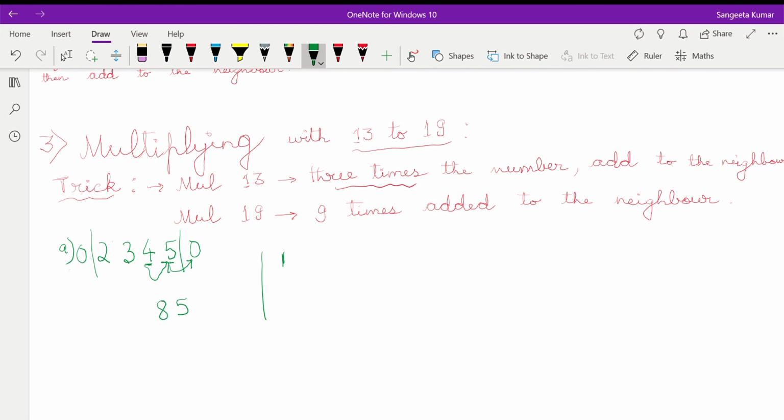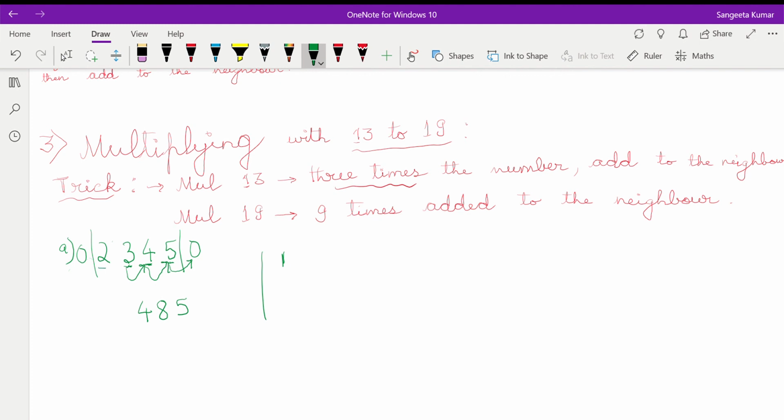Again 1 in hand. We move on to the next number. 3 into 3 is 9. 9 plus 4 is 13. 13 plus 1, 14. So 4, 1 is again in our hand.